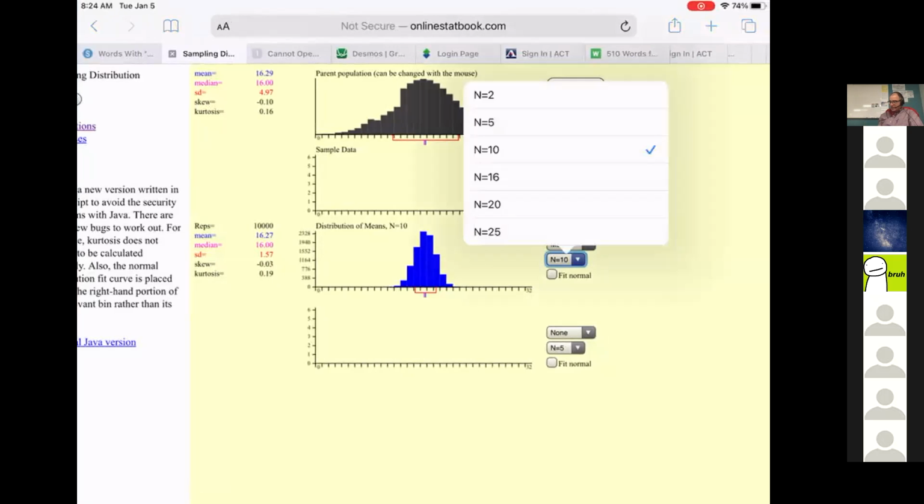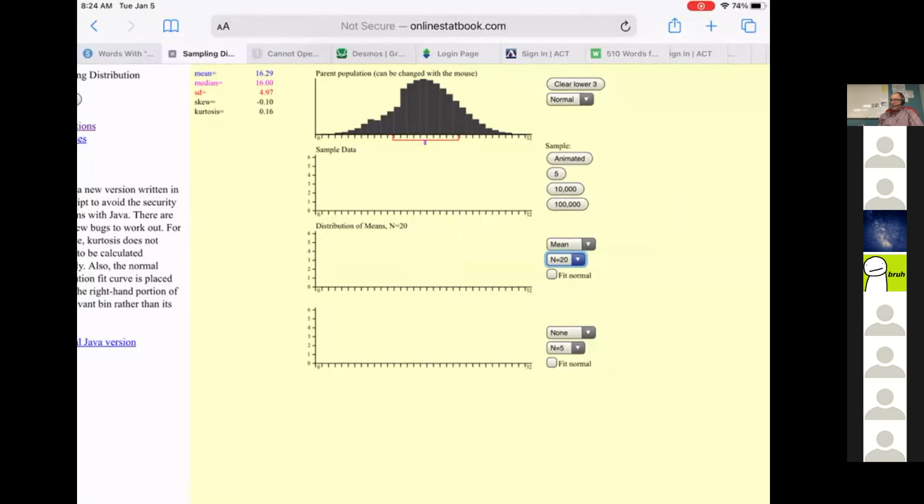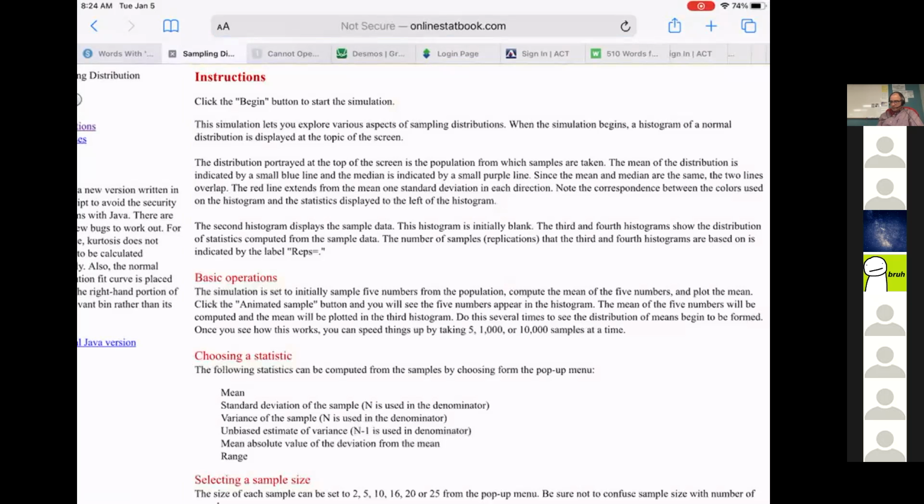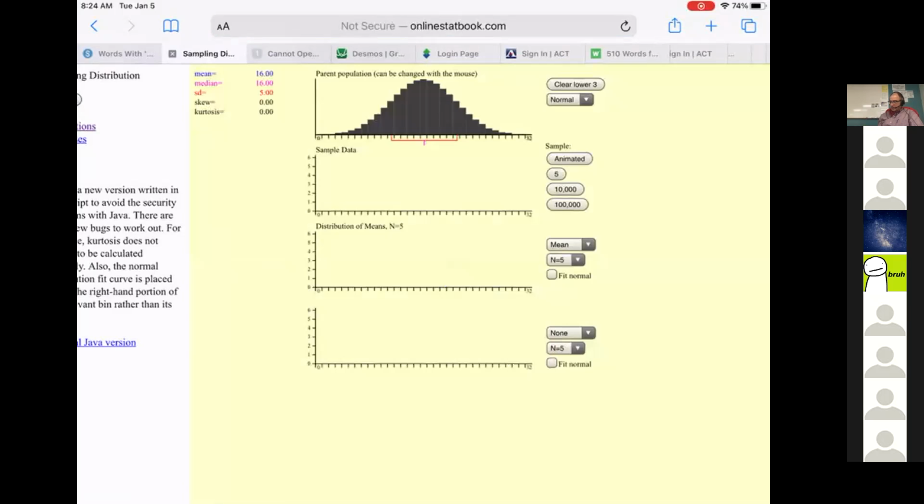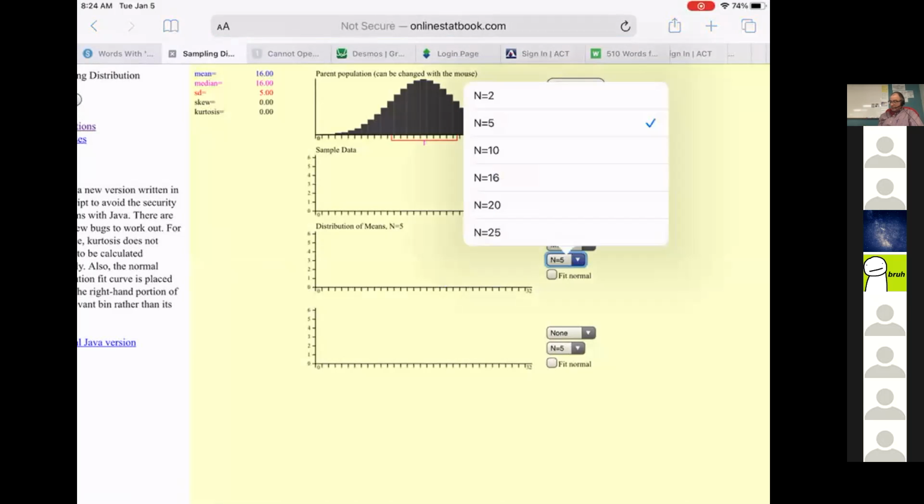So if I change this now to a sample size of 20, when I animate this and hit 10,000, we're going to expect my distribution to be even narrower. I want to refresh that. There we go, back to the original population. Now we're going to jump this up to 20.